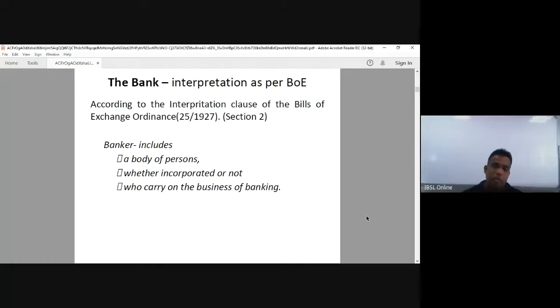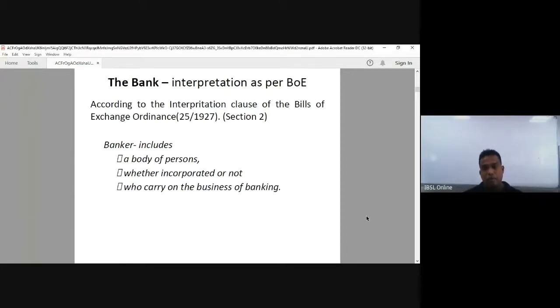Then the third point is who carries on the business of banking. The important point here is that the banking business is not interpreted in the Bills of Exchange Ordinance. It is mentioned but not interpreted, so anyone can claim that they are doing a banking business because it is not defined.